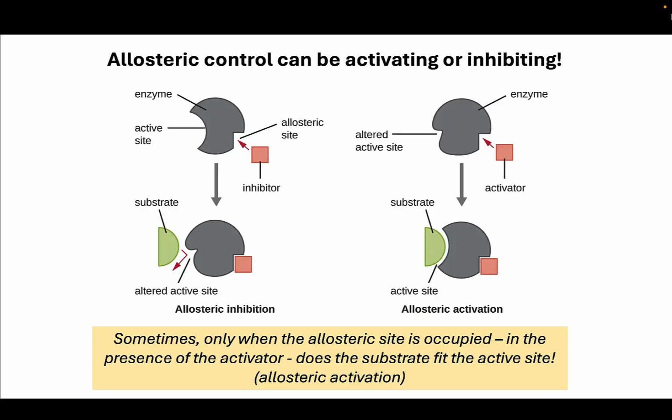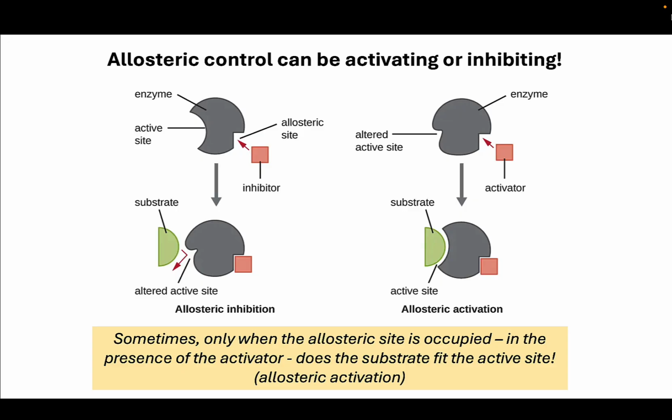We could also have allosteric control through activating, right? Say the enzyme has an active site that doesn't work with the substrate of interest, but only works when the activator attaches to that allosteric site, right? In the right example, when the activator attaches to the back of the enzyme, again, it shoves the enzyme into some new conformation, but only when that activator is there does it activate the substrate.